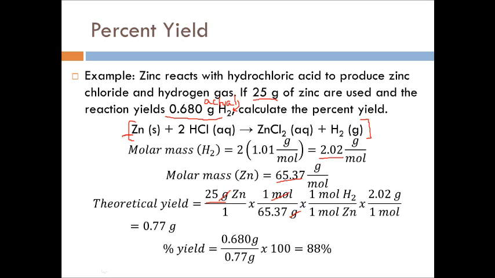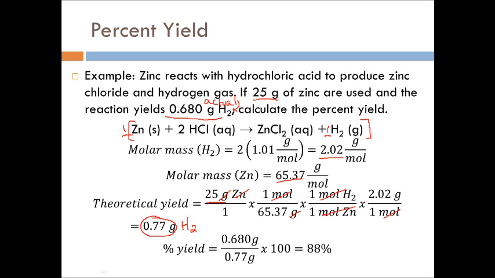Here we have a 1-to-1 ratio between the zinc and the hydrogen. We also get rid of the zinc. We then multiply by the grams of hydrogen per mole, and that ends up with 0.77 grams of H2. Now, that is our theoretical yield. It doesn't ask for it, but you have to find it. A lot of times these types of questions will ask for it, but in this case it didn't, but we had to find it first.